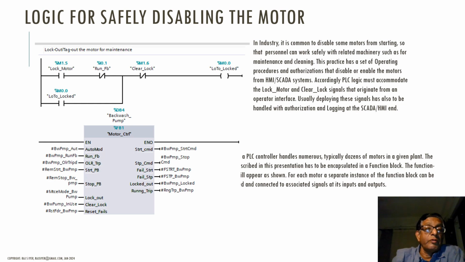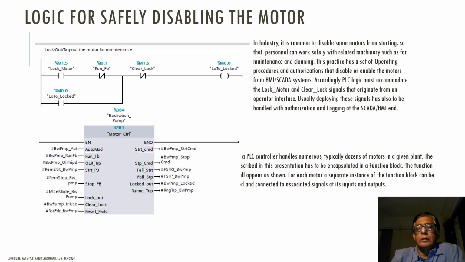Sometimes, for maintenance purposes, people are sent inside the vessel with agitator and all. So when personnel are working inside the vessel like a blender or a reactor, nobody should start the machine. People will get killed. So for these purposes, there is a lockout, tagout done.